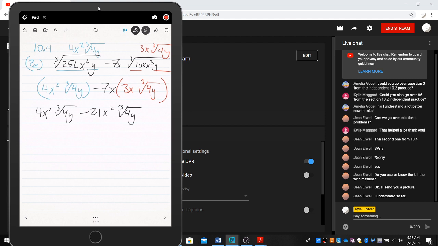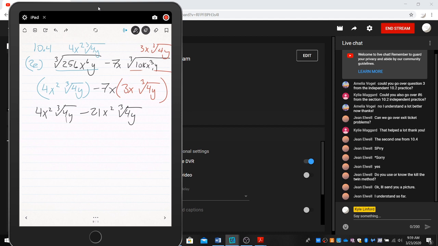So, one, they have the same radicands and the same indices, right? They're both cube roots. So we're good there. They're like radicals. But we also have to check, can you actually add the things on the outside? Because that's how we go about adding them together. We add the pseudo coefficients on the outside.